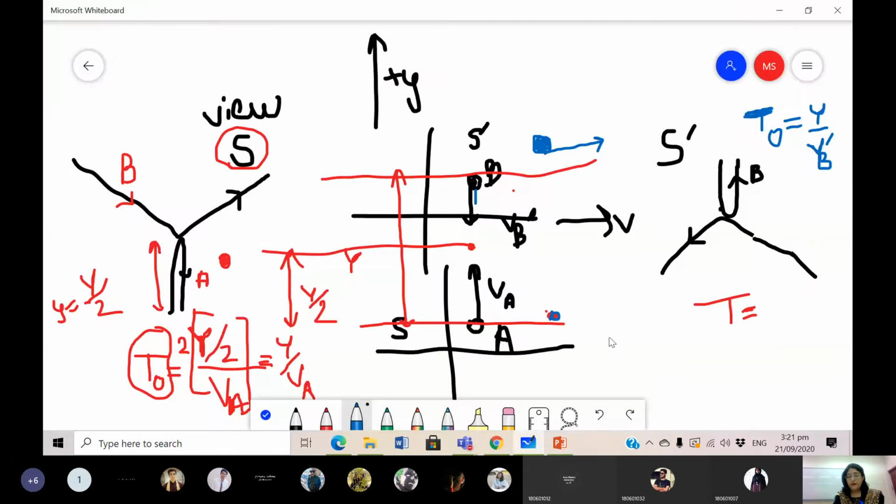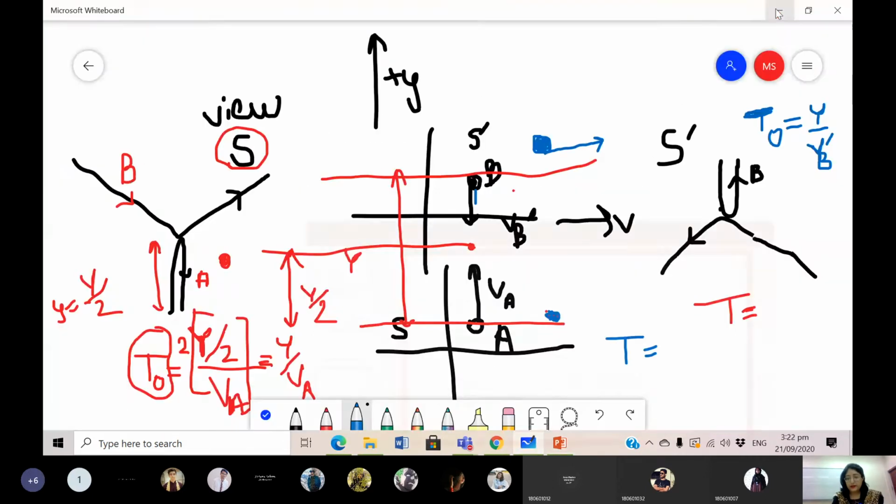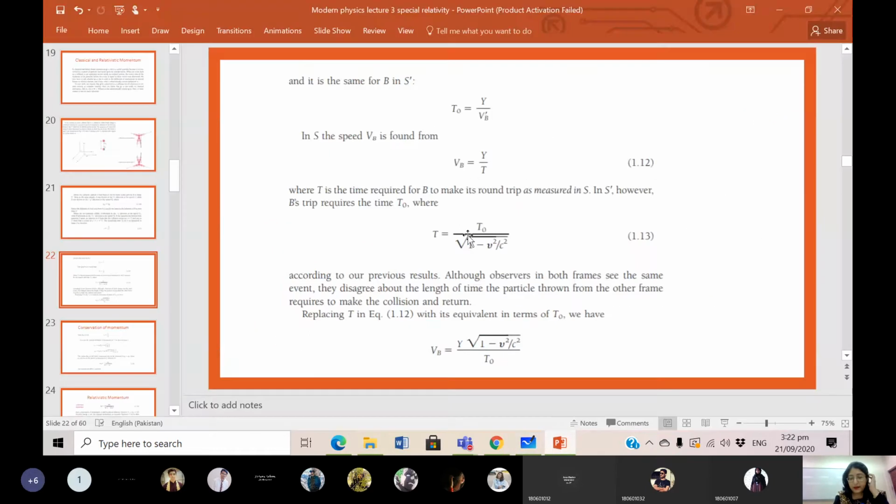So when the observer is in frame S, that will observe a time T, and that will be y divided by VB, where VB is the velocity of B observed from the S frame.